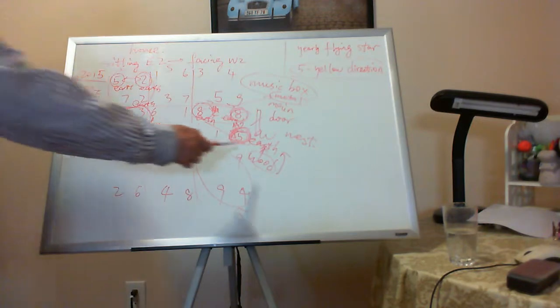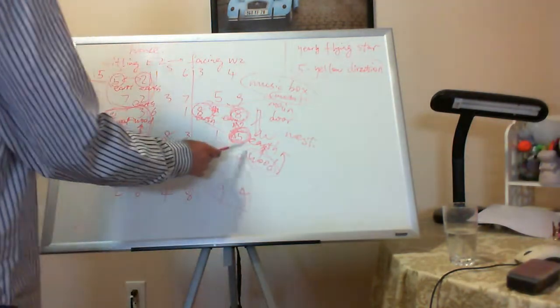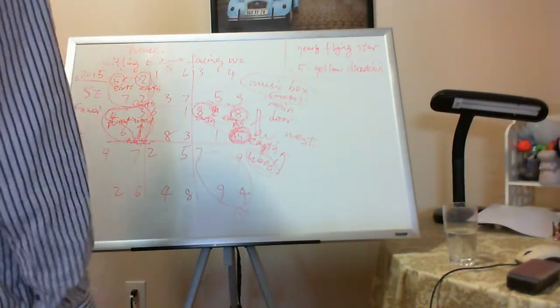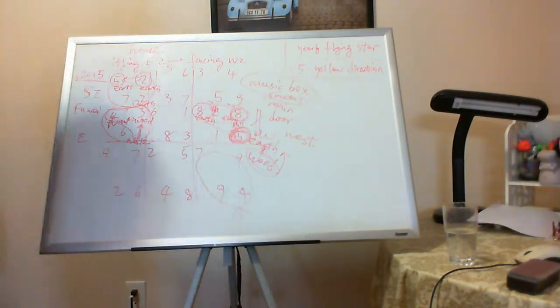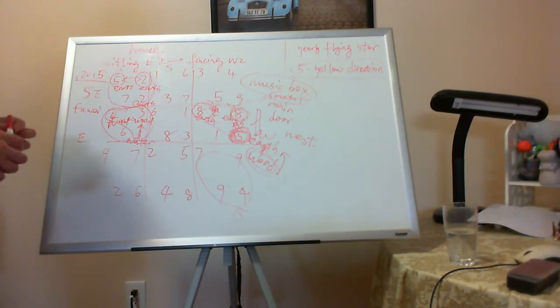So we don't use the wood element to reduce the power of star 5. We only use the metal element to reduce the power of it.